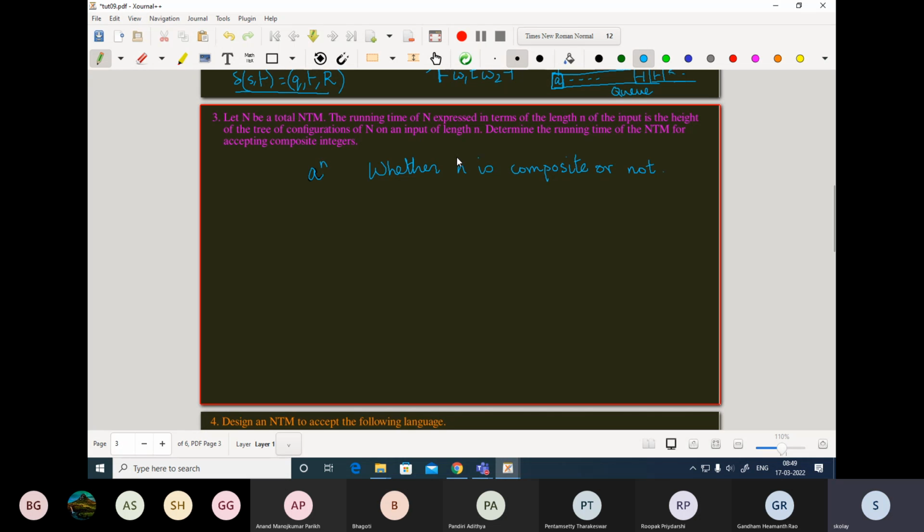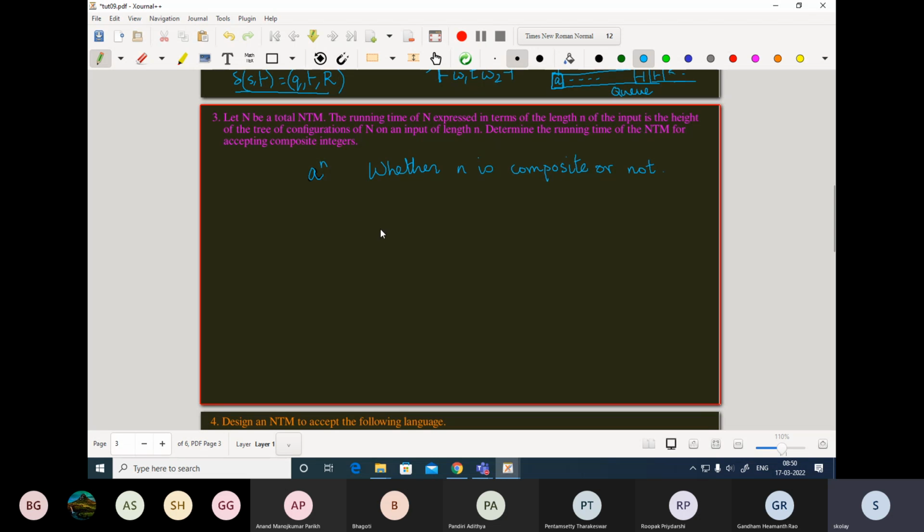We copied down a's up to a certain point, let's say some m, and then we kept marking a to the m length strings onto a to the n, and we checked whether everything got marked or not and whether we were trying to mark any blank space. If not, then n is divisible by m. So basically we have guessed a factor of n and we are checking whether that is a factor or not.